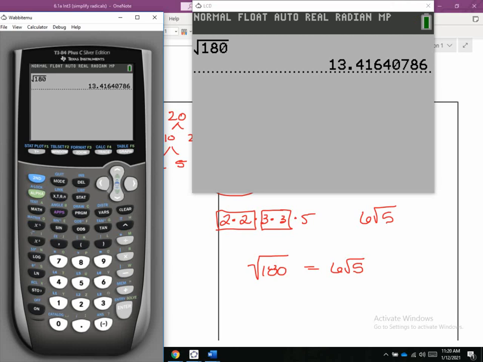Get that number right there. So that is the number that radical 180 is a symbol for. And then I type in 6 square root of 5. And since these decimal versions are the same, that tells me these two versions are the same. Does that kind of make sense on how you can check? Okay.